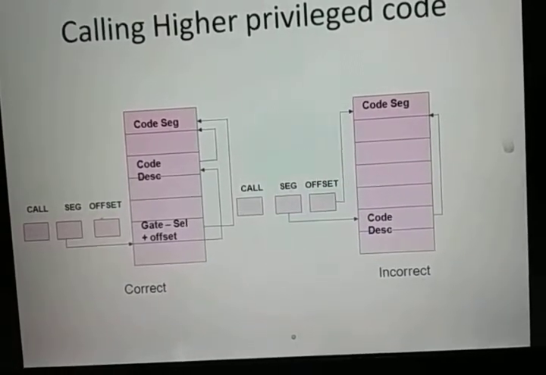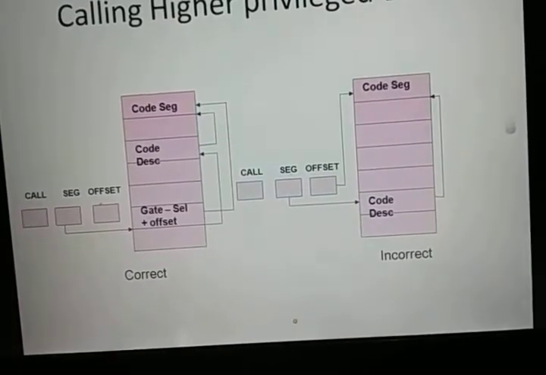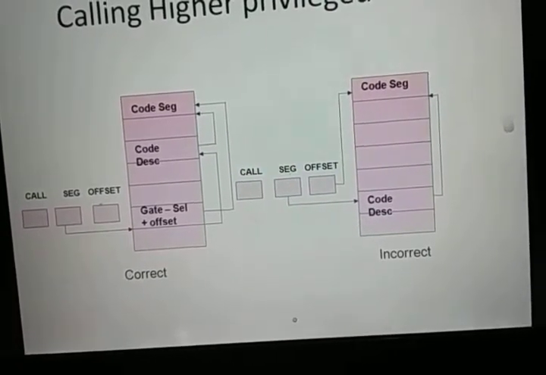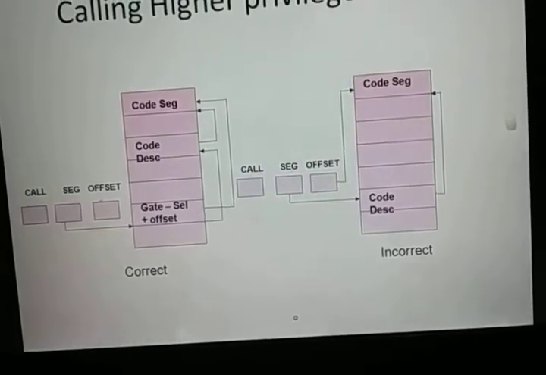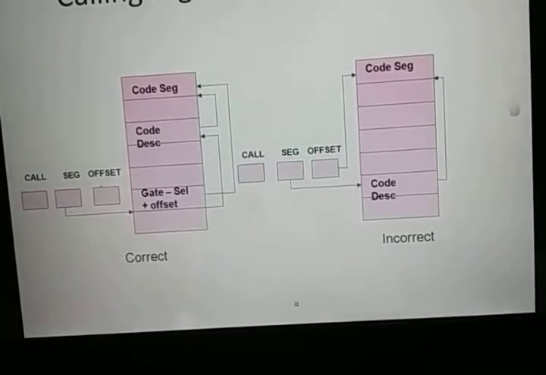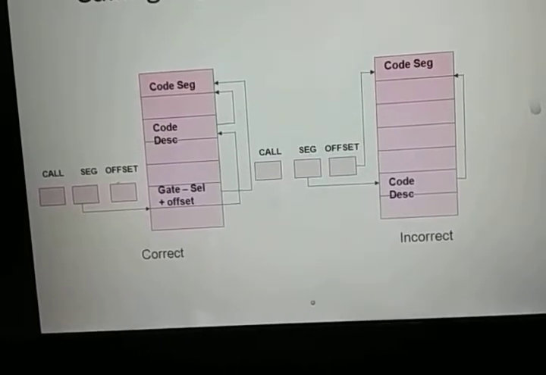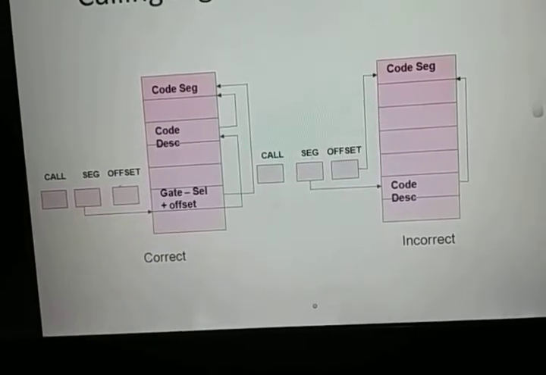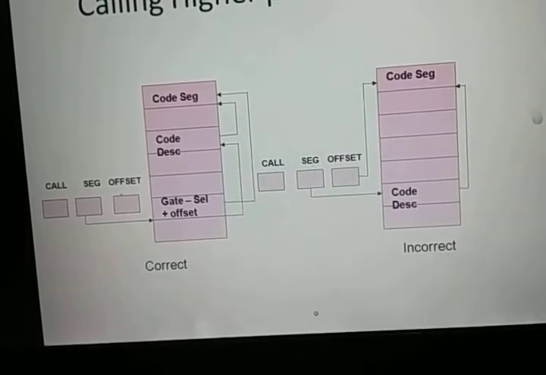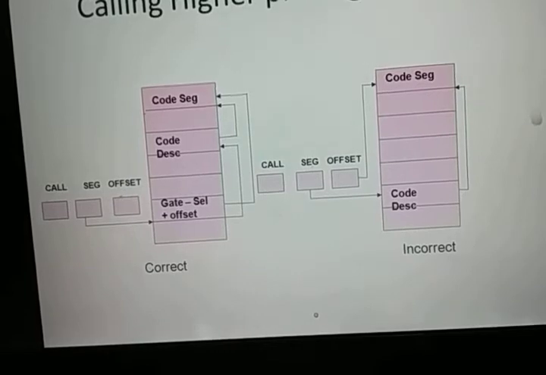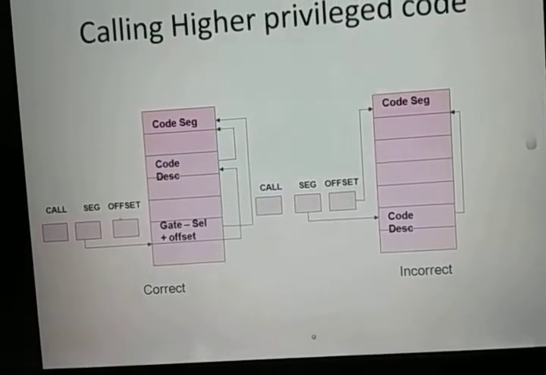The segment field provides the address of the call gate selector. This call gate selector field has the entry point of the target code segment. We cannot directly access the target code segment. First we have to find the call gate field. That call gate field provides the base address of the code segment descriptor, and when we combine it with the offset value, we find the target code segment.